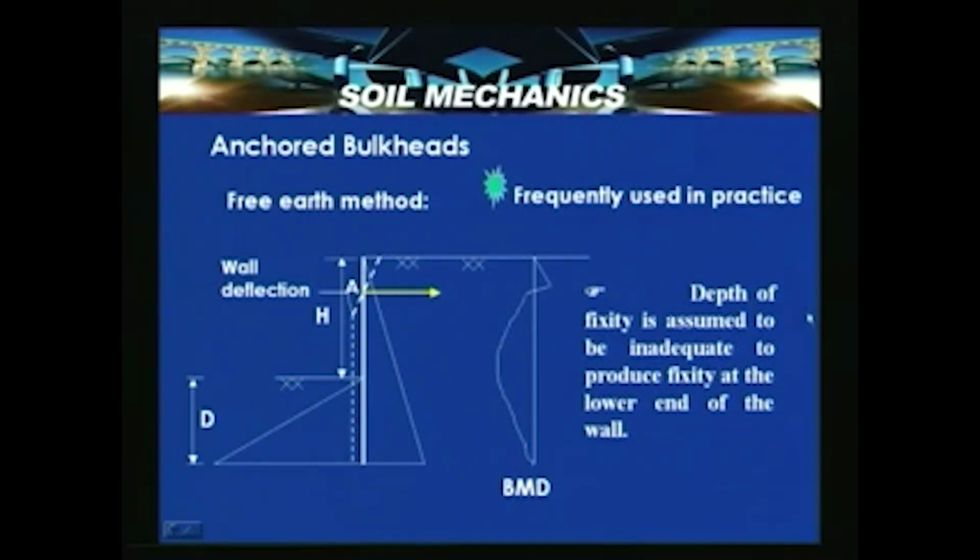Here the depth of fixity is assumed to be inadequate to produce fixity at the lower end of the wall.